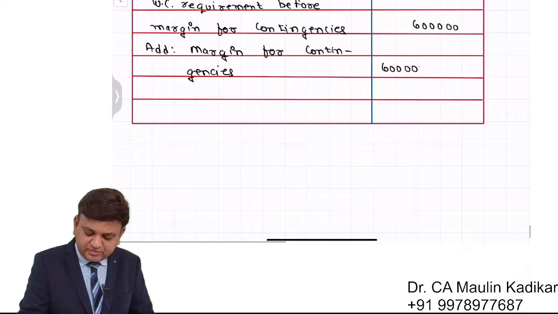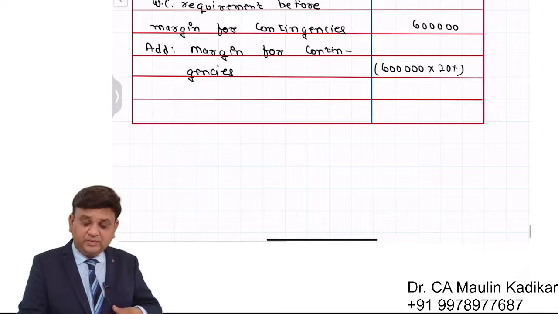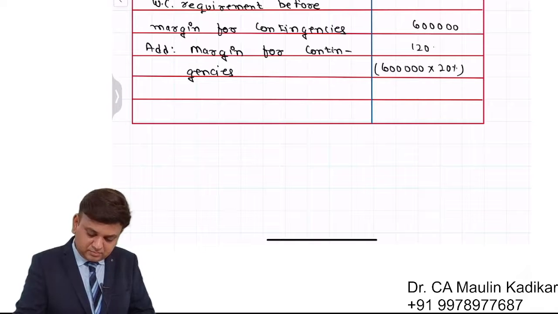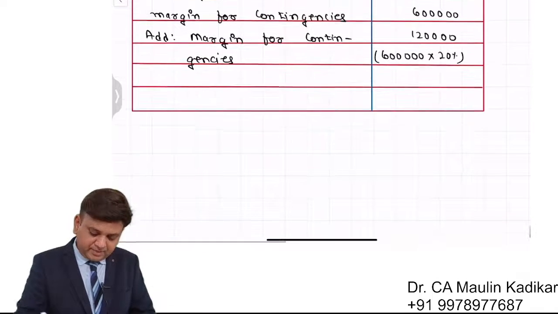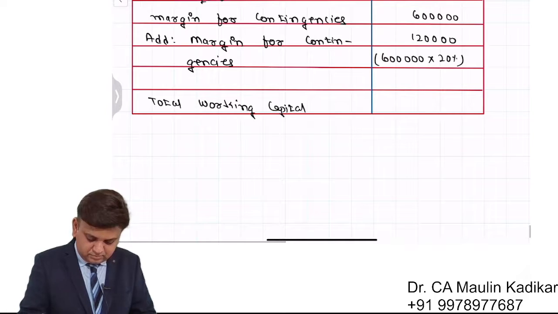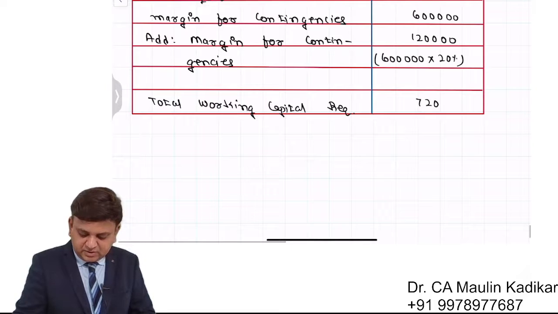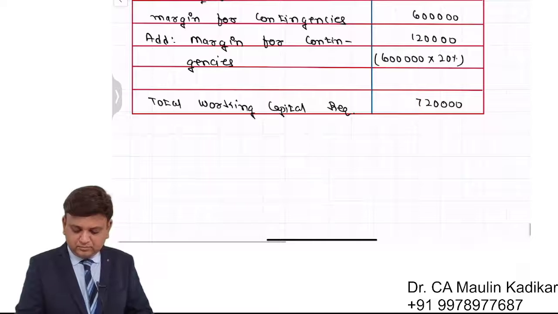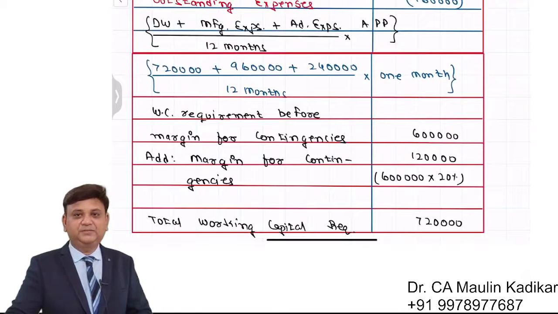Six lakhs into 20% is 1,20,000. Based on that, the total working capital requirement is seven lakh 20,000. Please take down the answer.